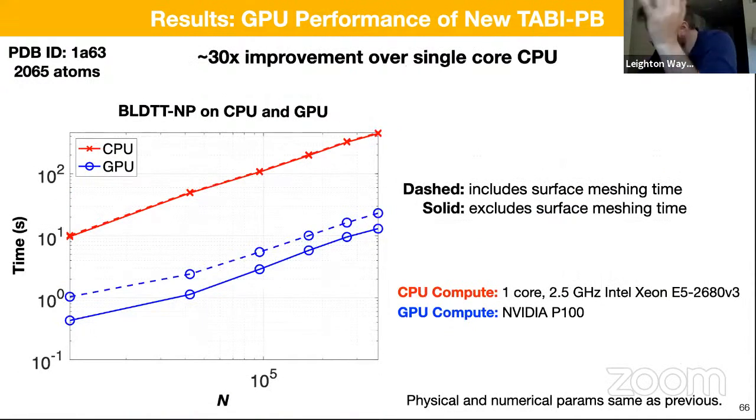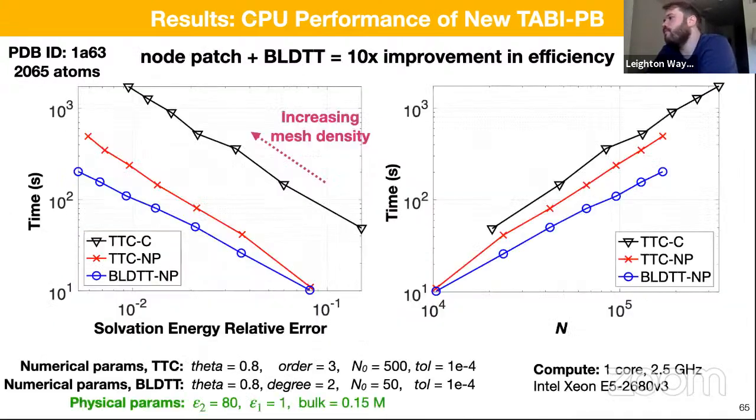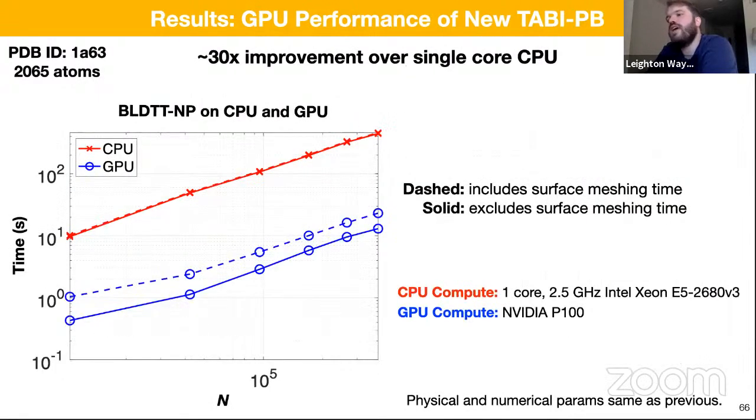Now, the real great benefit of using the BLDTT here and all the work on barycentric tree is that we can do it on GPUs. This in and of itself is not a super fair comparison for the CPU, but it shows you that it works on GPUs and we actually get decent speedups. For this exact same problem, taking this blue line here, we have it on both the CPU, running it on a single CPU core, 2.5 gigahertz Intel Xeon.